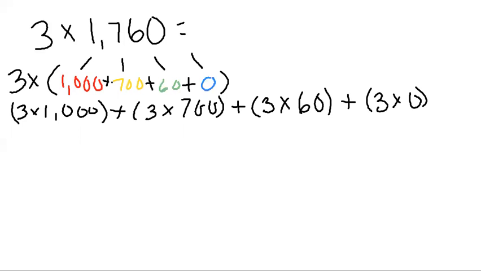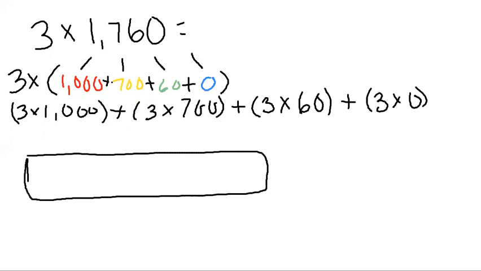Once you're done that, draw your box. Do our box model. Go ahead and draw my box. And I have 4 numbers, so I'm going to need 4 spaces. Got a little small there.